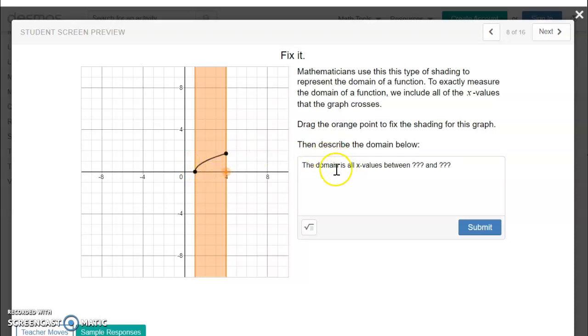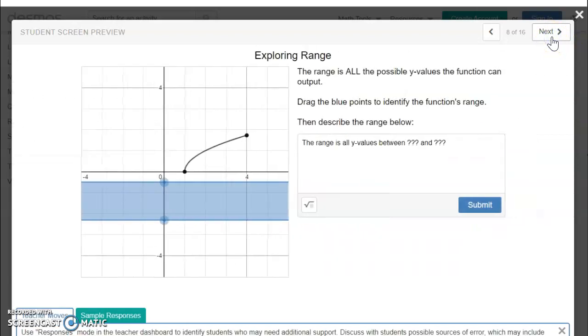That's what the graph is. So it's between 1 and 4. I need you to adjust the graph first until the shading extends exactly. Then I am going to submit. All right, then let's go on to the next.